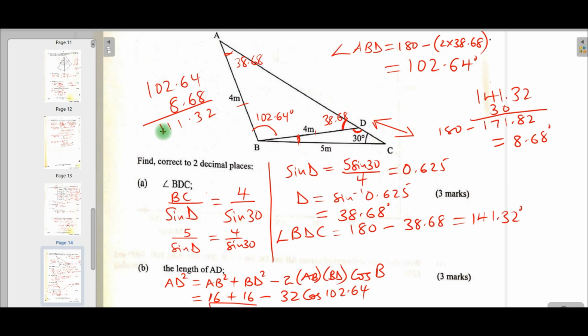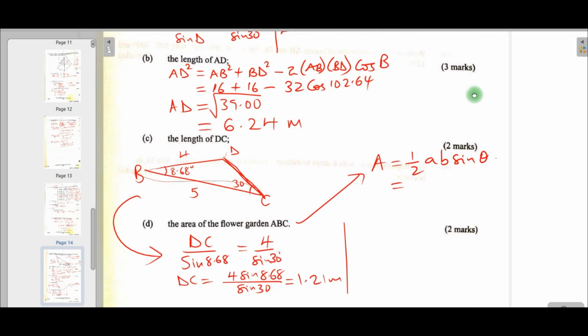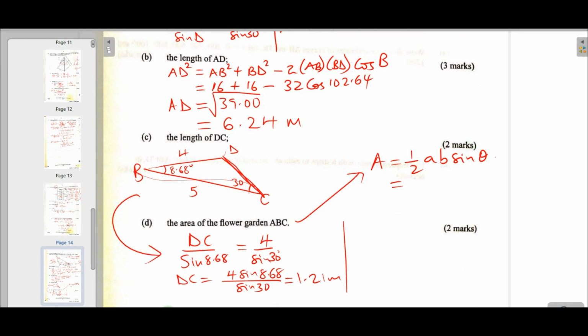Therefore we have half times AB is 4, and then BC is 5, times sine 111.32. If you work it out, you should end up getting 9.32 meters squared, and that is the area of the flower garden.